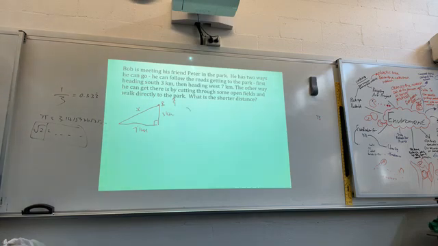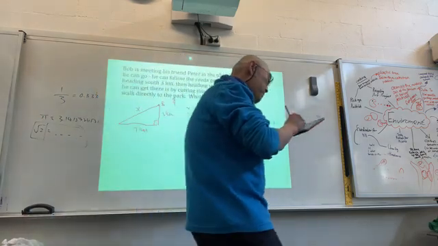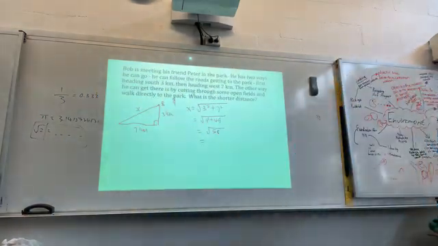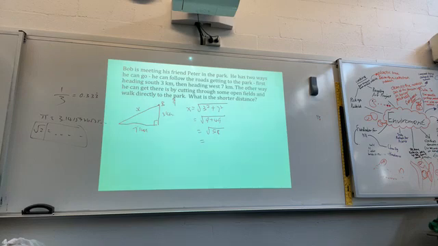So x is therefore the square root of 3 squared plus 7 squared, which is the square root of 9 plus 49, which is the square root of 58, which is 7.62 kilometers. So you can see that it is shorter for Bob to actually walk through the open space.